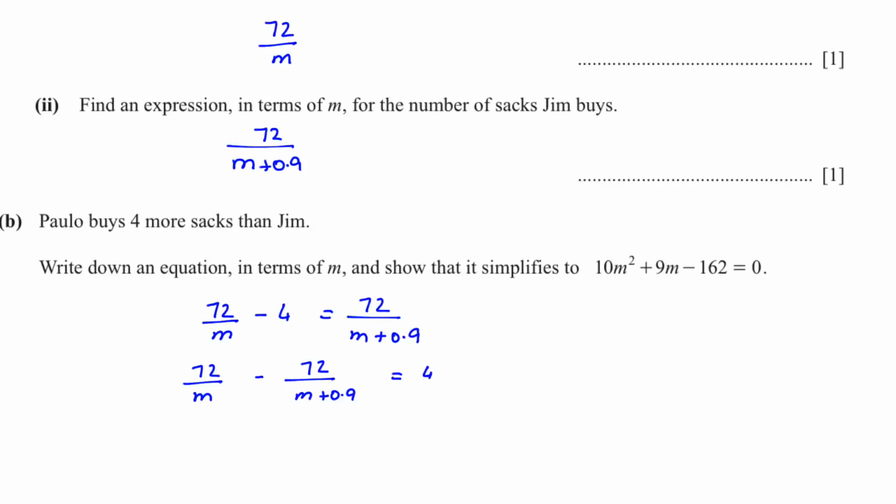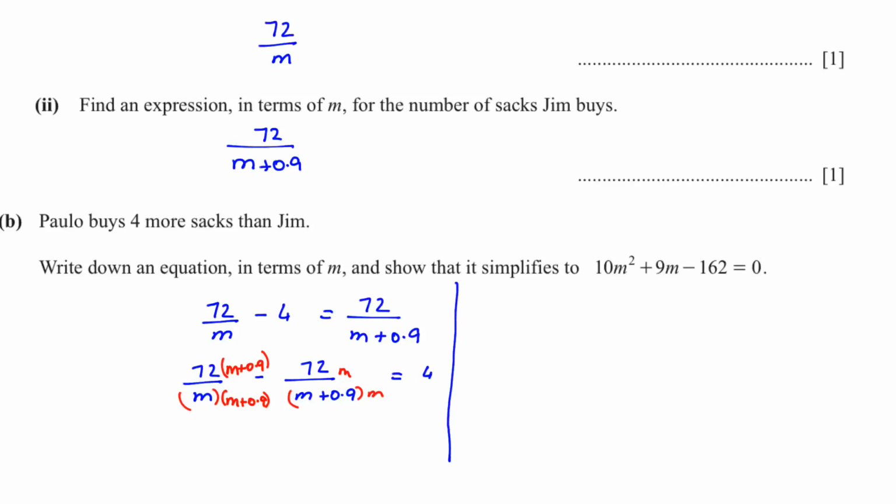Always if you are solving a fraction, you need to have a common denominator. You have m plus 0.9 here and m here. Multiply by m plus 0.9 in the denominator and the numerator to have a common denominator. Multiply by m. Open the brackets up.